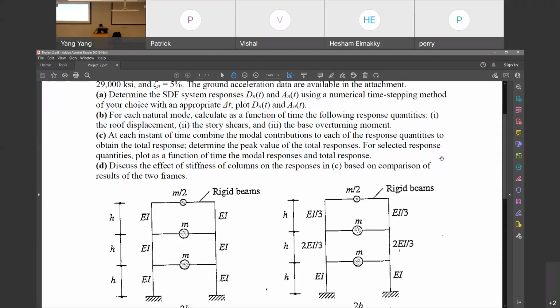And the story shears, what is the story shear? Story shear would be the shear force. For a story, if you know the displacement here and the displacement here, the shear would be the relative displacement of these two times the shear stiffness of this column. Very, very straightforward.